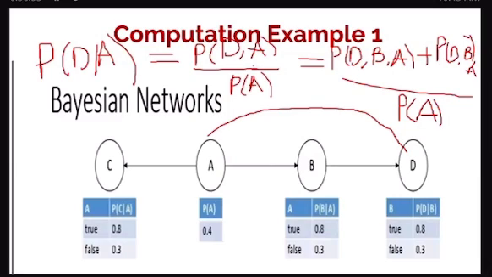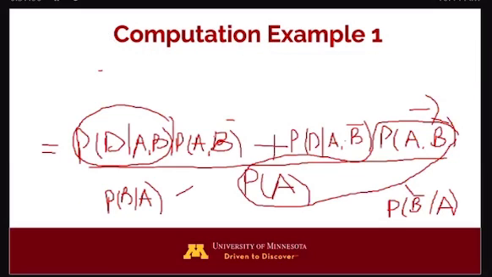Because B is the parent and A is a grandparent. So I'm actually going to say we're using the law of conditional independence. This guy is the same thing as the probability of D given B.